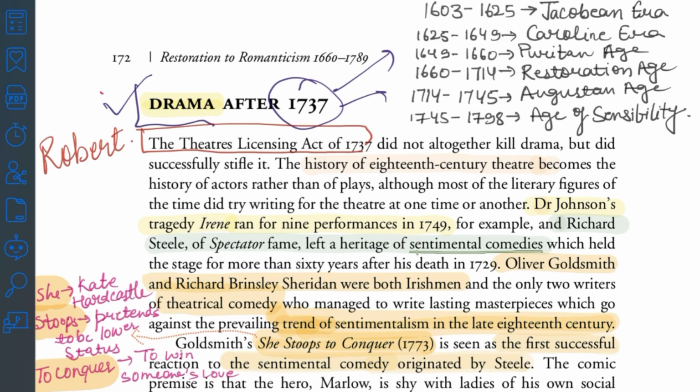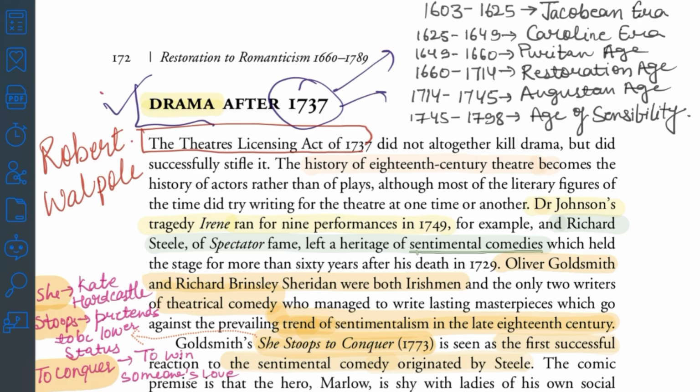You can write along with me simultaneously so that you can learn with me. The purpose of this act was to control political criticism, because many writers were writing politically critical plays. In my previous lecture I told you that dramatists were criticizing the theater, directly or indirectly through the characters.